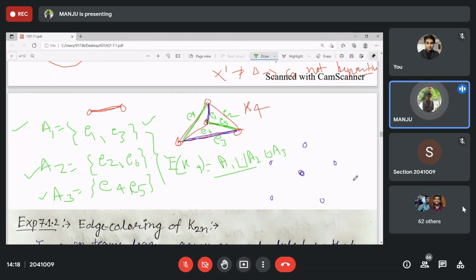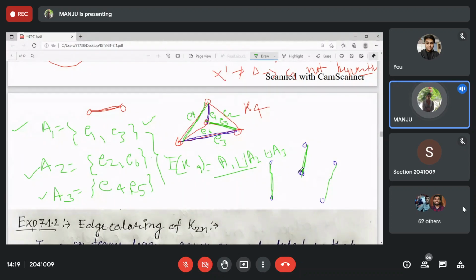And in case of this one, you can have this one colored by this, then you cannot have these ones. You can use this one, and you cannot have these ones, so you can use this one, right?